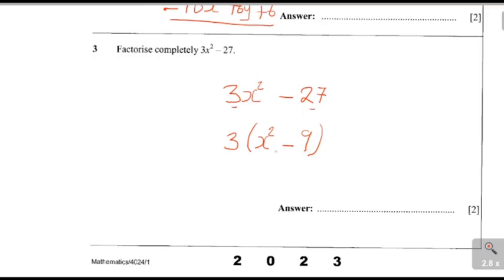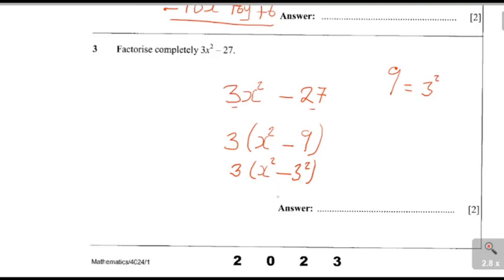So what you are going to do is write this 9 in index form. 9 can be written as 3 to the power 2. So we say 3, open bracket, x squared minus 3 squared.